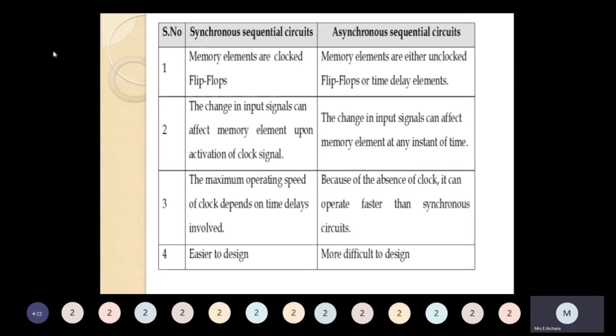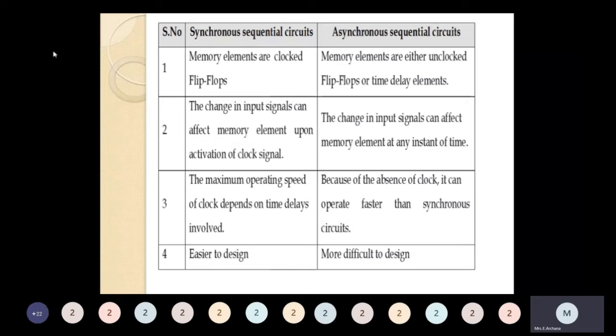In a synchronous sequential circuit, the change in the input signal can affect the memory element only because of the clock signal. In asynchronous, the change in the input signal can affect the memory element at any instant of time.